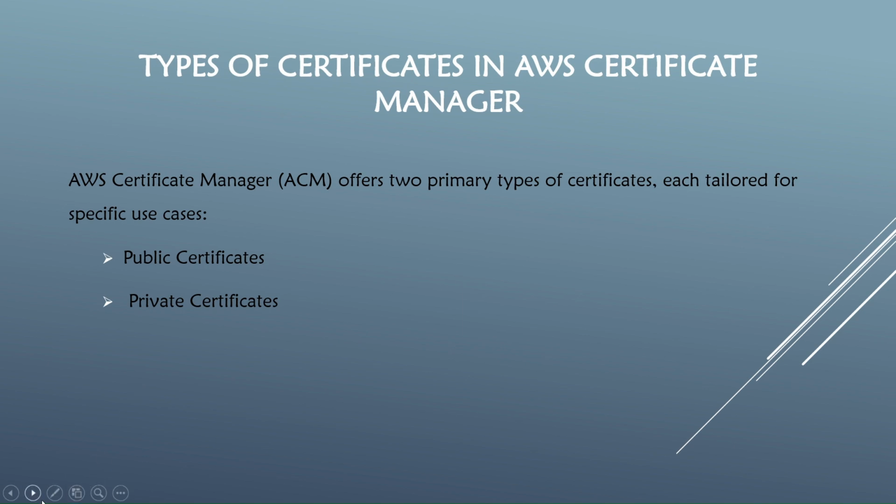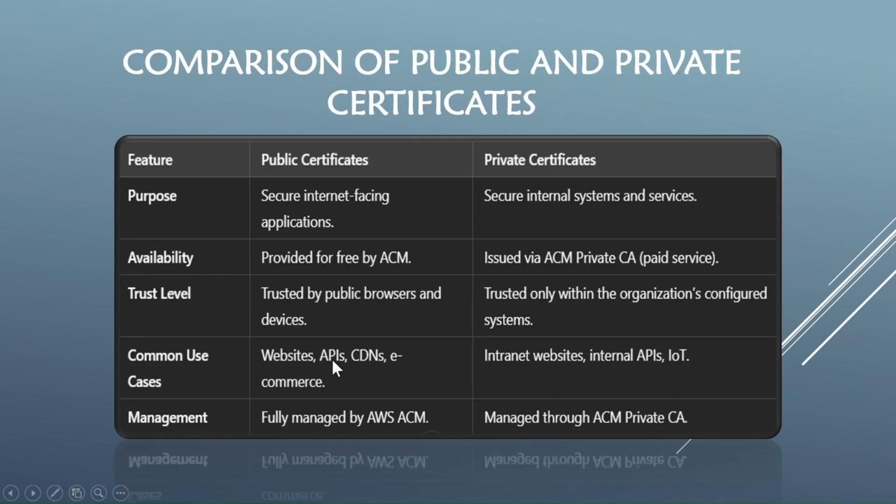So let's move to the next topic. The comparison of public and private certificates. As of now, I already explained that. Public certificates are provided free of cost and are issued by AWS, and they are trusted by public browsers and devices. Private certificates are a paid service and are only trusted by the organization's configured systems.